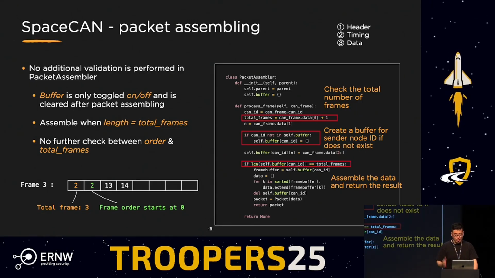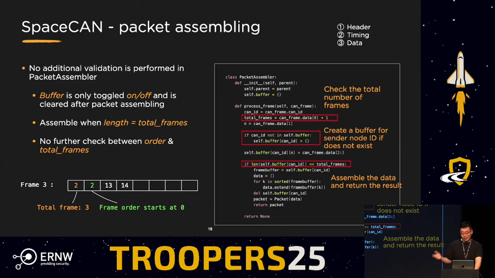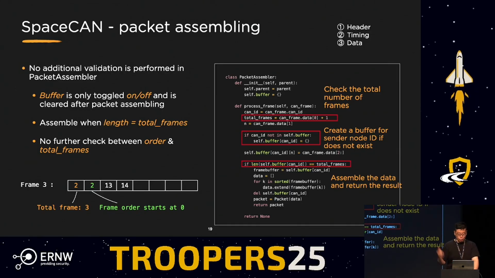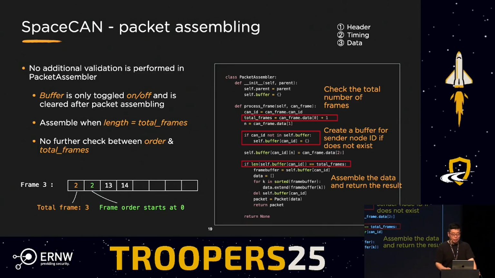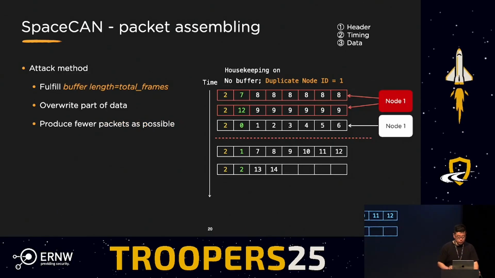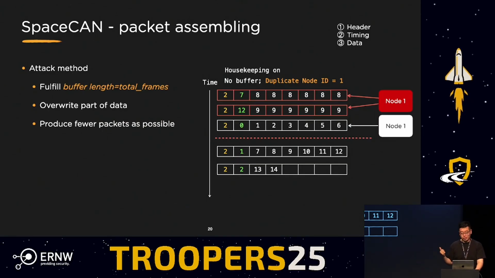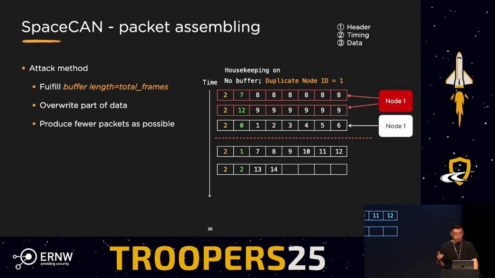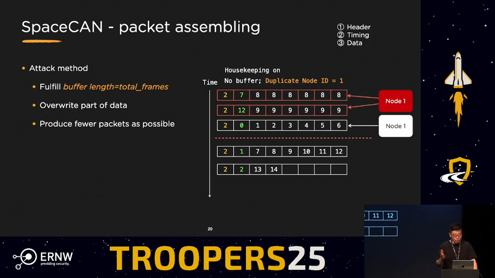This mechanism should be fine when the node ID is unique. But in our case, the node ID can be duplicated, so you can ruin the order of the packet assembling. Let's say the housekeeping function is on and there's no buffer at first, and we have one malicious node ID 1 and one normal node ID 1, which shouldn't happen.